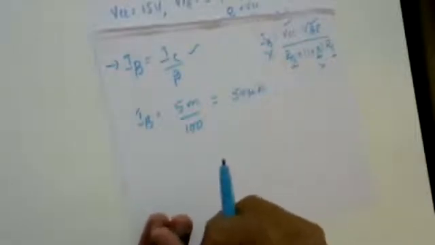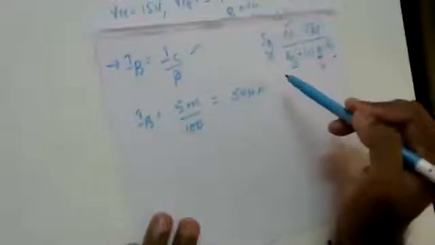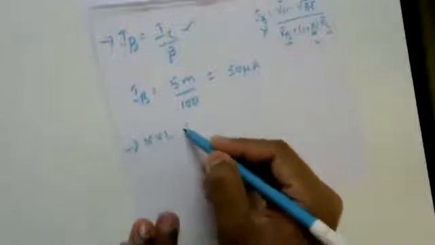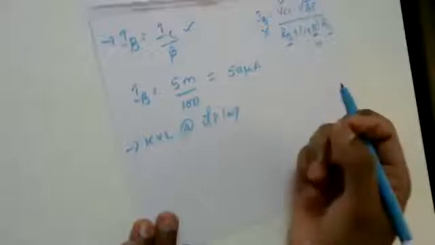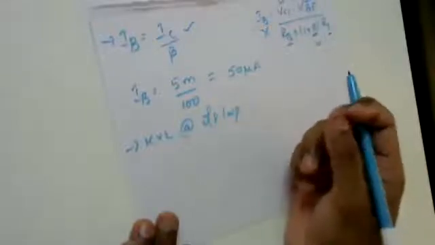Then next, we have to apply KVL to the output loop in order to compute the value of RC. When I apply KVL at the output loop, what is the expression I'm going to get? Already we know that expression, right?